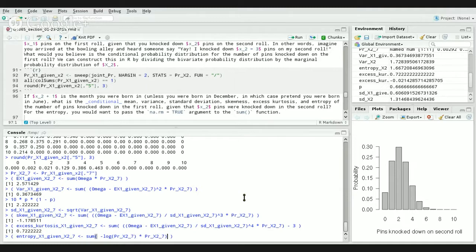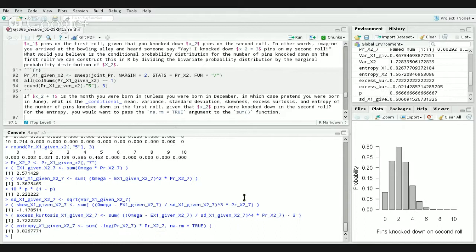And as I was mentioning before, we want to pass the na.rm as true argument to the sum function in order to exclude those. And we see that there's less entropy, or not very much entropy, relative to a discrete uniform distribution for this distribution on the number of pins knocked down on your first try, given that 7 pins were knocked down on your second try.